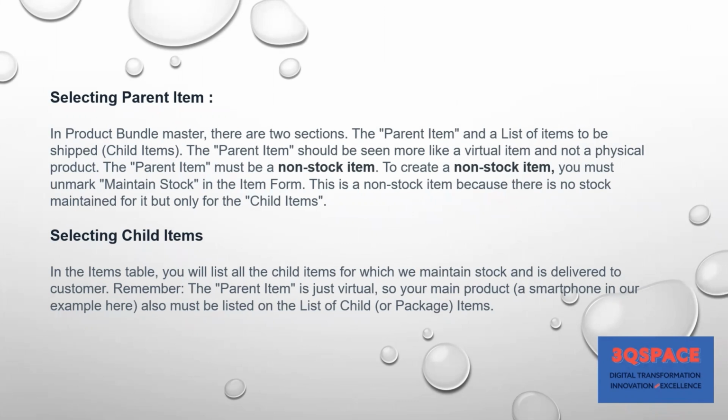So the charger, the cable, the SIM ejector pin are the child items, and the main product is the smartphone, in which all of these products that are in the smartphone box are there together. When there is a sale of one of these items, the inventory for all of these items gets affected. A product bundle can also be seen as a bill of materials on the sales side.